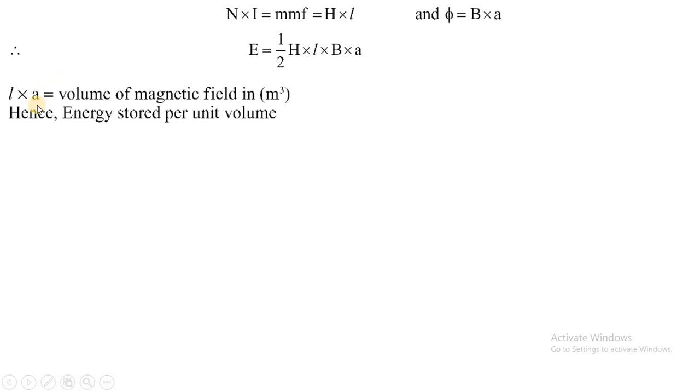L into A is the volume of the magnetic field, which is in meter cube. Hence the energy stored per unit volume is the above equation divided by L into A. So L and A will get cancelled. What is my energy stored in magnetic field per unit volume?